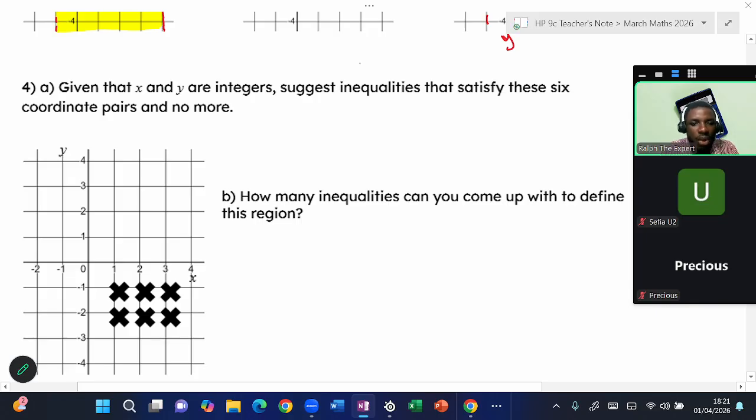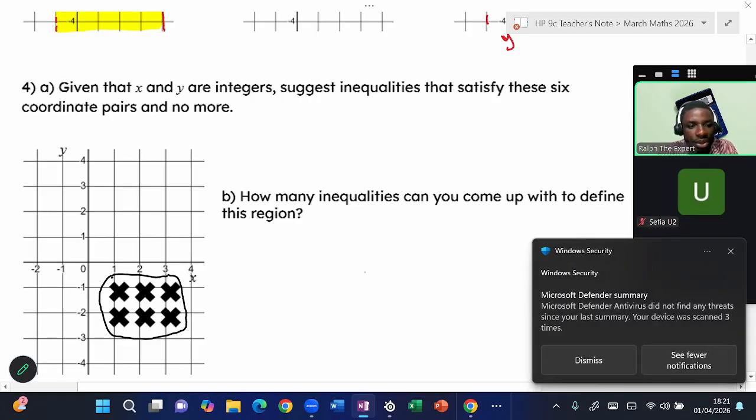They ask you to suggest. That means you can form your inequalities by yourself. You can draw your region by yourself.